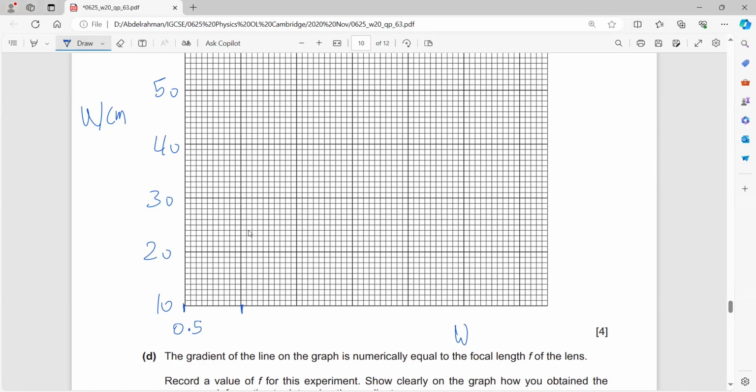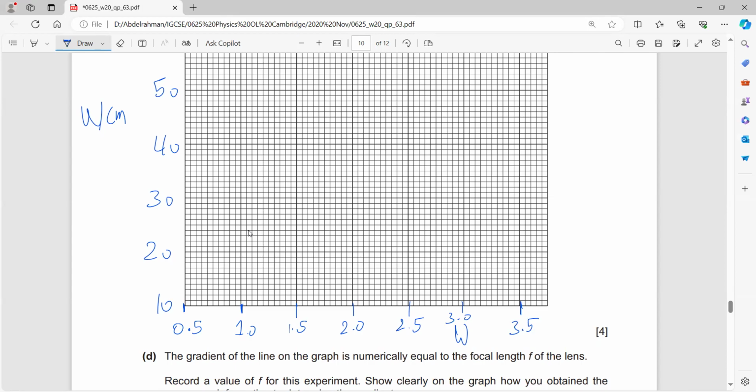Then keep on adding: 1.5, 2.0, 2.5, 3.0, 3.5.